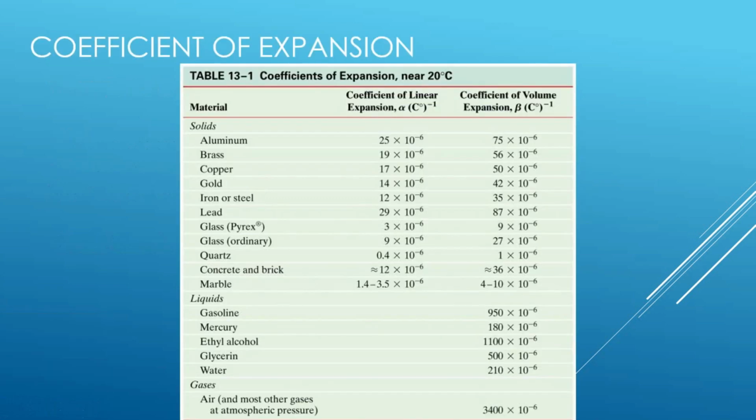Next up, this is the coefficient example. We'll be using this expansion table when these are the alpha and the beta of the materials: aluminum, brass, copper, gold, iron or steel, lead, glass in Pyrex, glass the ordinary, quartz, concrete and brick, marble, gasoline, mercury.